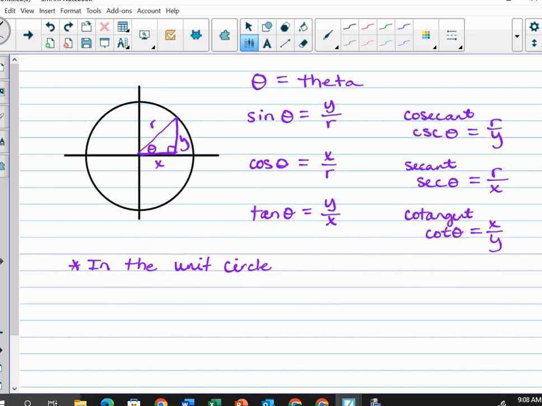Guys, in the unit circle, what does R equal? It's the radius. How long is the radius in the unit circle? 1. So what will sine of theta equal if we're in the unit circle?